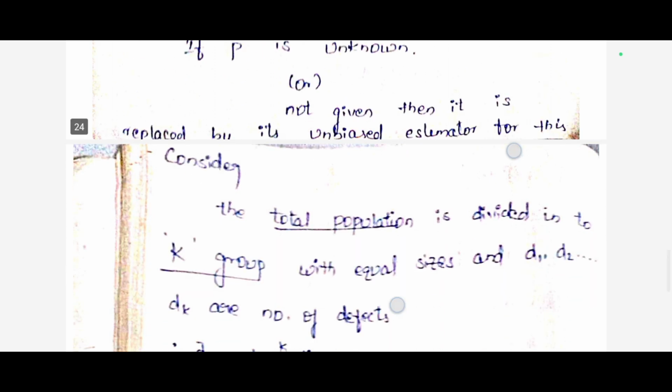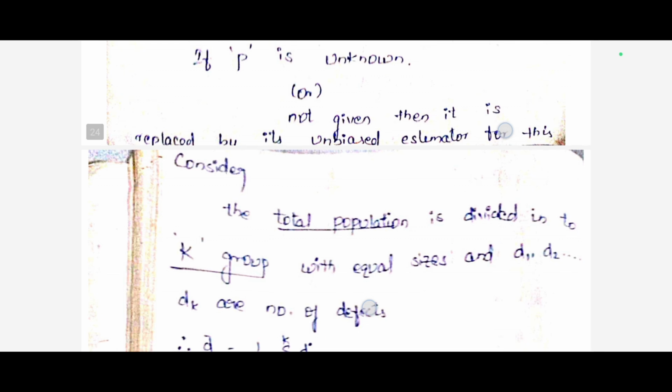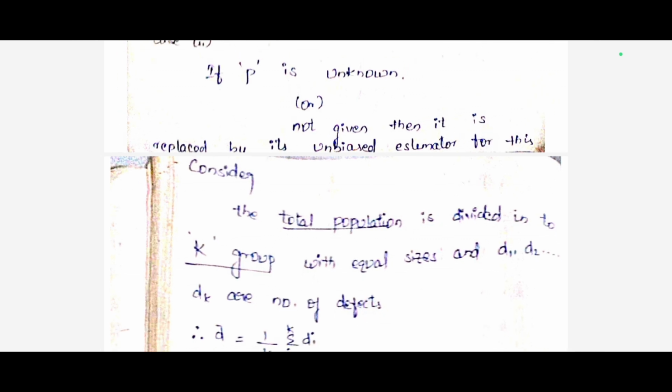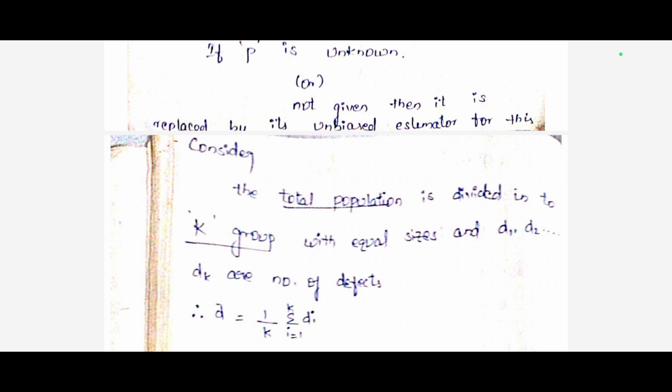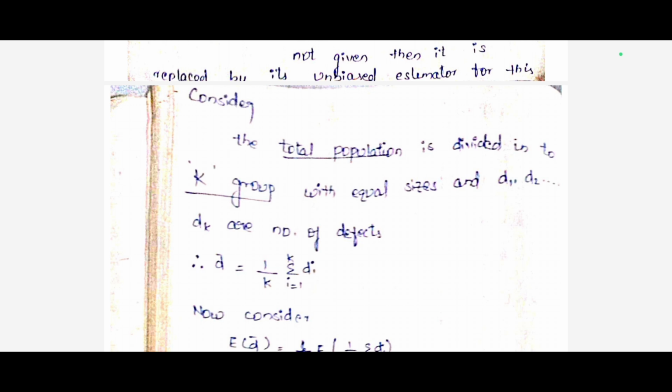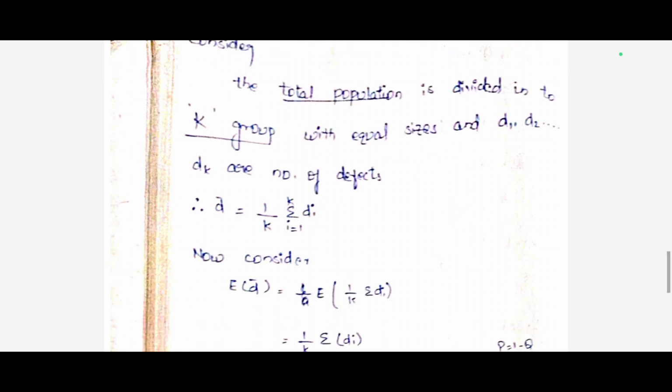Consider that the total population is divided into k groups with equal sizes, and d1, d2, ..., dk are the number of defectives. So you have to consider d bar, that is summation di divided by k.